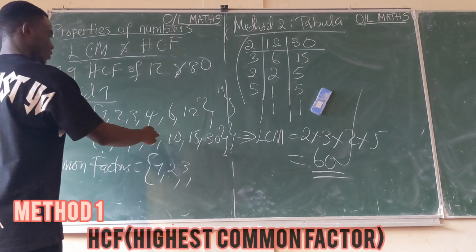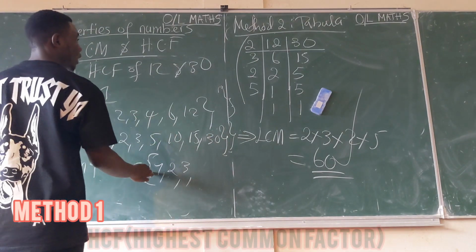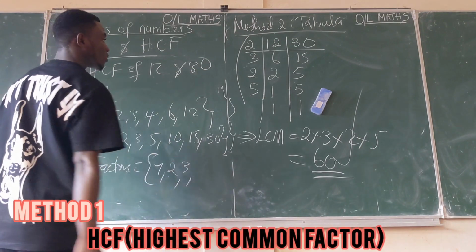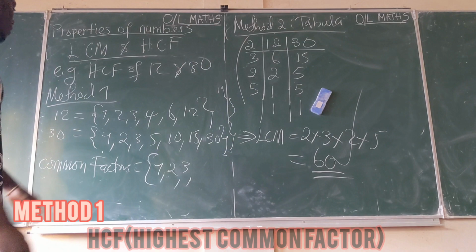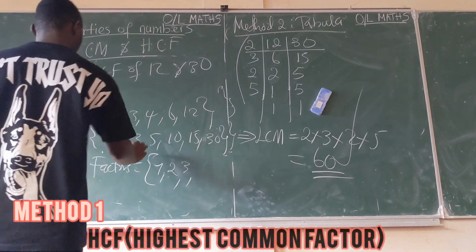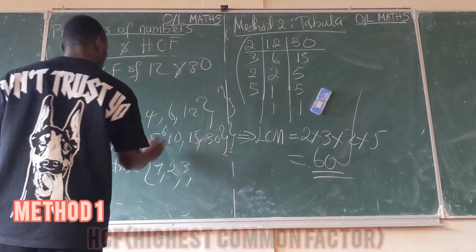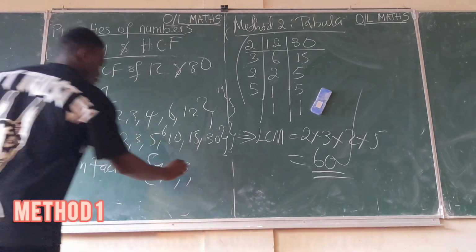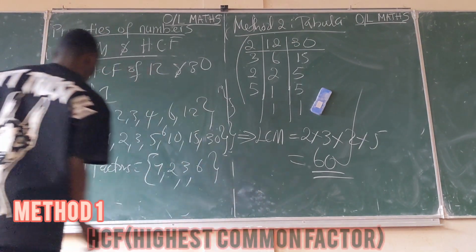I think that's all. So we have 1, 2, and 3. Not so. Let's see, 6. Be careful, 6 is a factor of 30. 6 is a factor of 30. So we also have 6, and that's all.